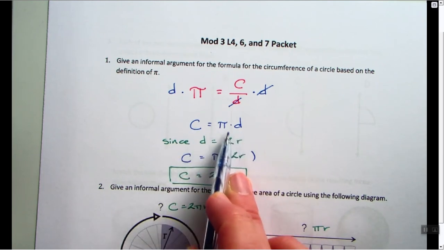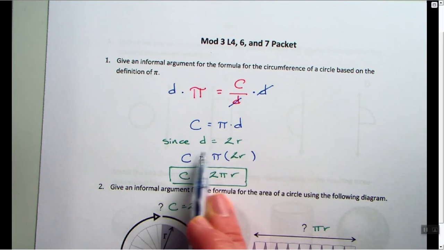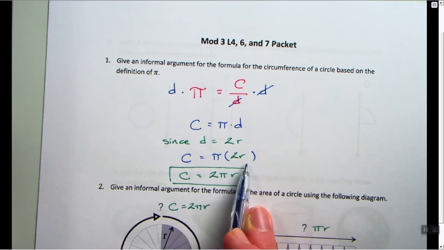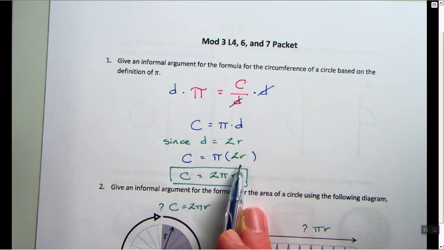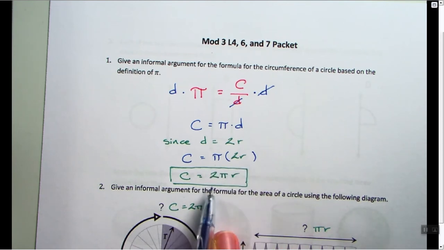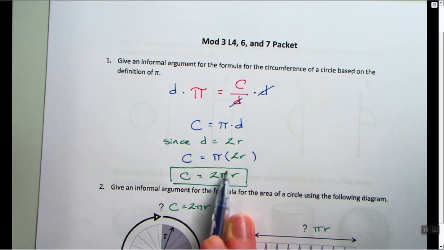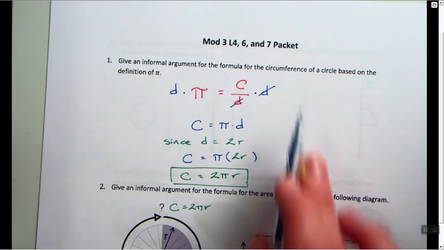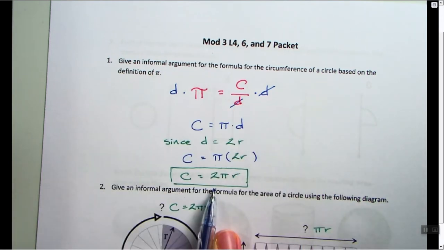Keeping in mind that the diameter is equal to 2 times the radius, we get the circumference equals pi times 2r. Then we typically write terms from simplest to most complicated, so instead of this order, we tend to prefer 2 pi r. R is the variable, so it's the most complicated, and so circumference is 2 pi r. That's what we're looking for as an informal argument for the circumference of a circle.